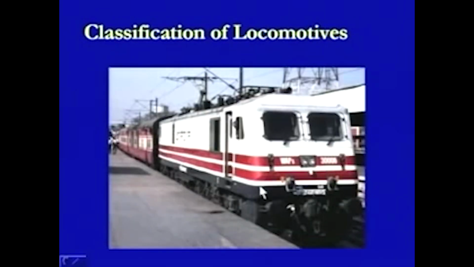This is another case, a WAP 5 condition, that is again for broad gauge, for AC traction and for passenger traffic, the fifth category of this type of vehicle. And here the code number is 30006. It means the first three digits are 300, that is its series is 300, and it is the sixth vehicle produced in that series.